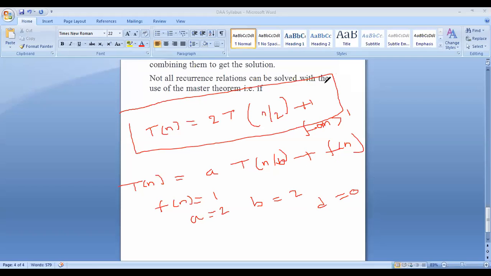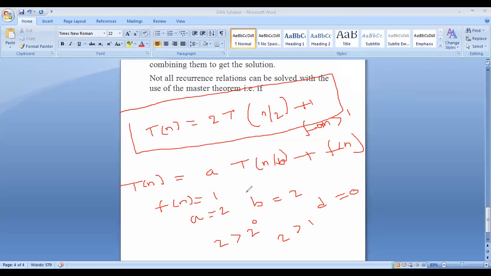So we check these three conditions. Here the a value is 2, and b power d is 2 power 0, so that is 2 greater than 1. What are the three cases?